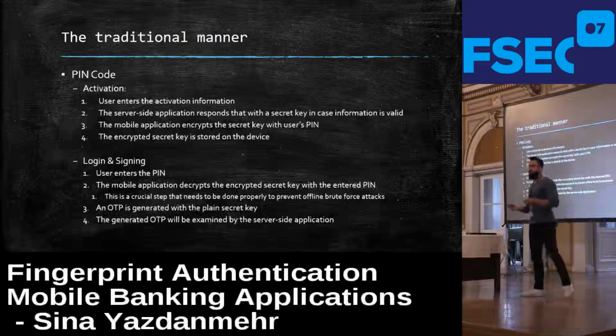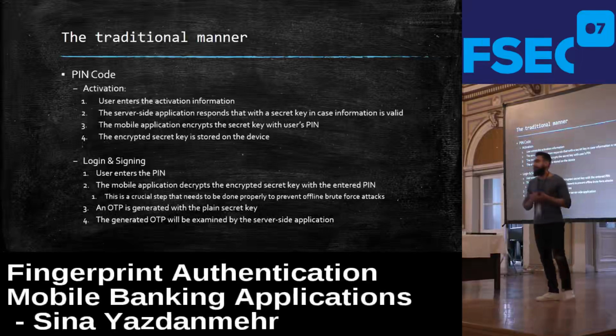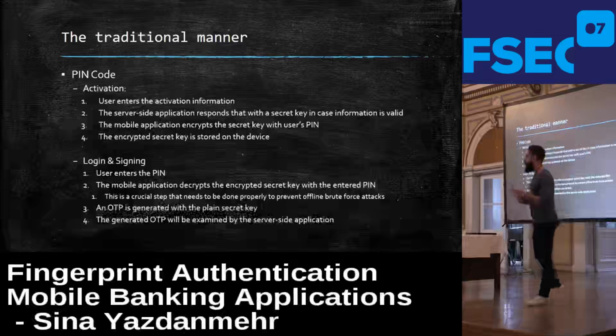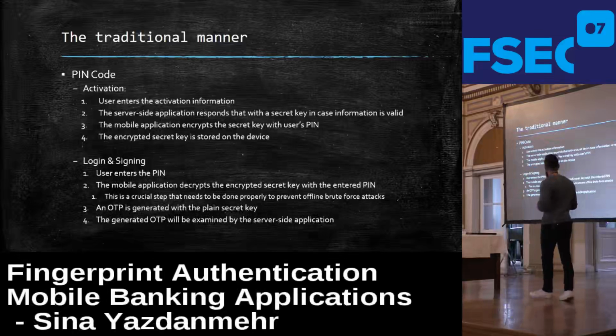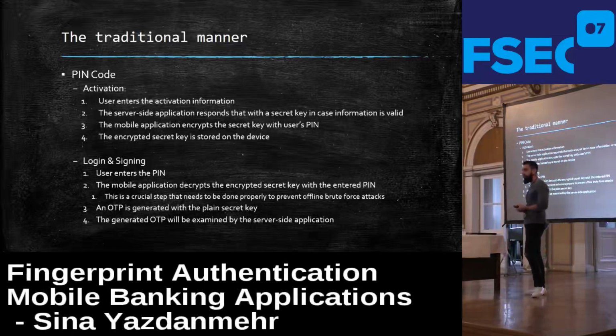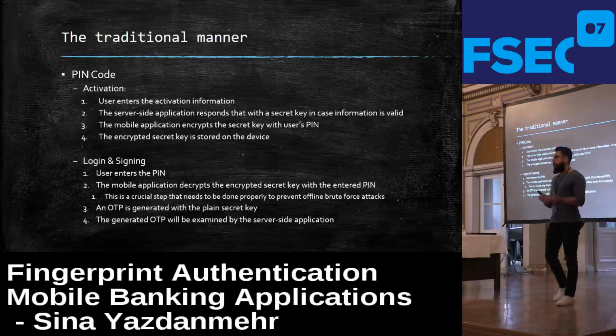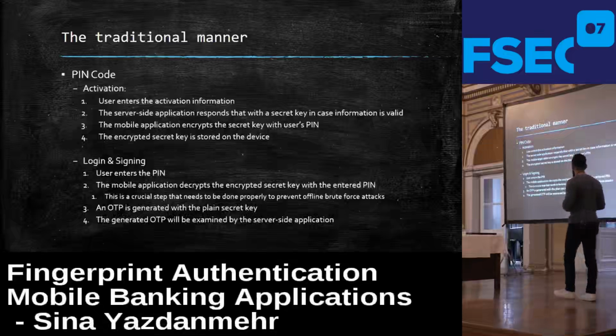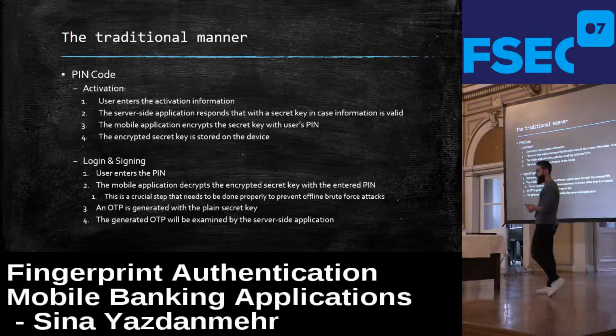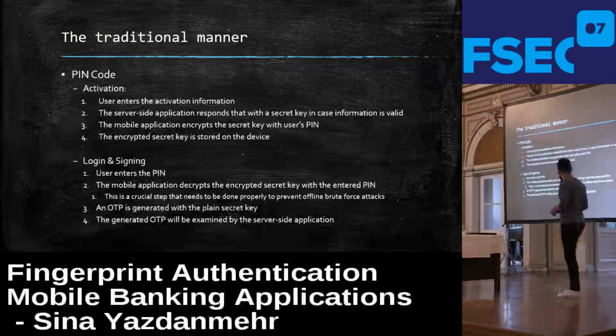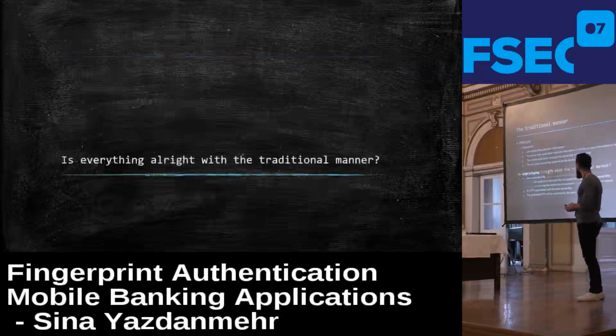In case of successful decryption, it uses the plain text of the secret key as a seed for the OTP algorithm, generates a new OTP, and uses it for the current task.